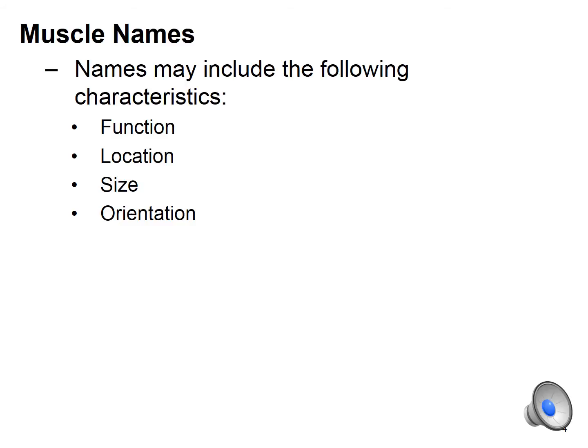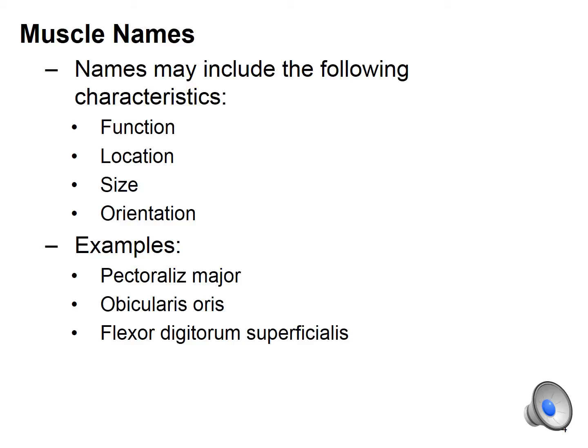As you start to learn the muscles, you'll see that some of the names have similarities, or that some of the names do make quite a bit of sense. So, for example, that first one should say pectoralis with an S, not a Z. With the pectoralis major muscle, the pectoralis major muscle is in the pectoral region of the body.